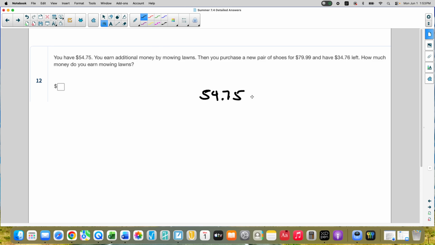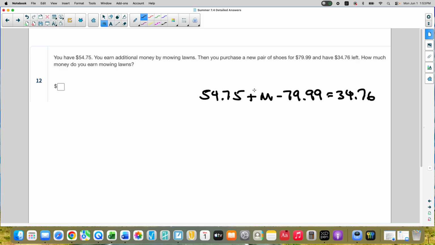I earned some money for mowing lawns. We'll call that M for mowing. Then I purchase a new pair of shoes. So I'm going to subtract $79.99, and I have $34.76 left. So that's the equation.